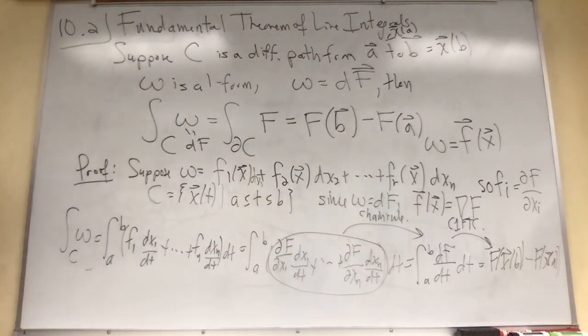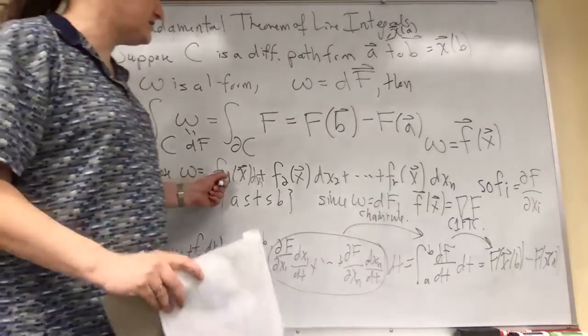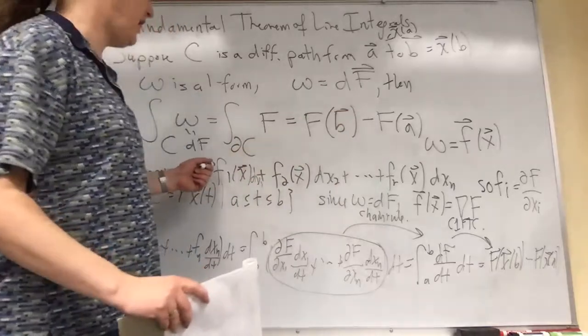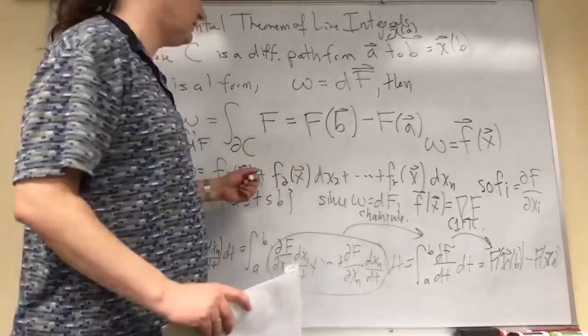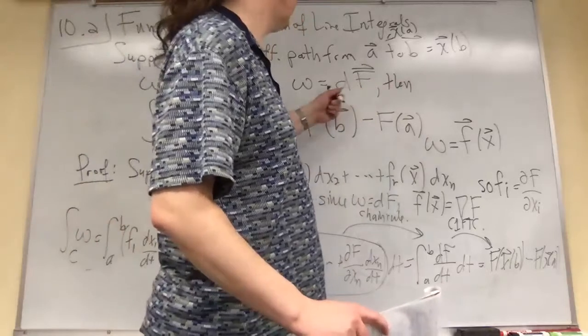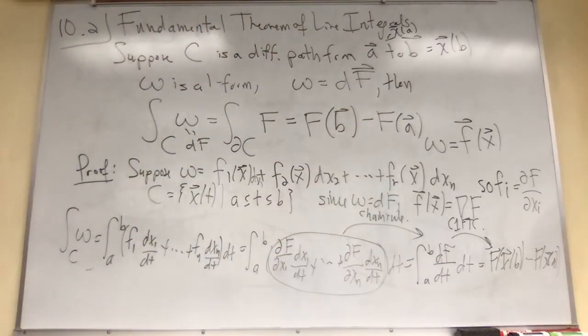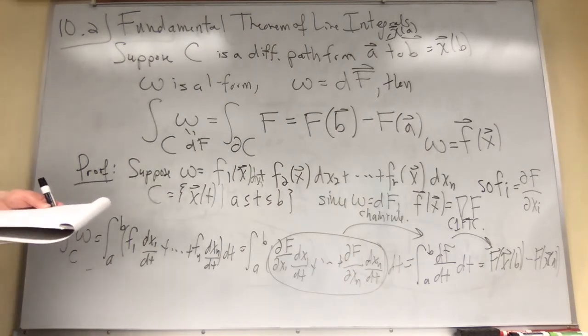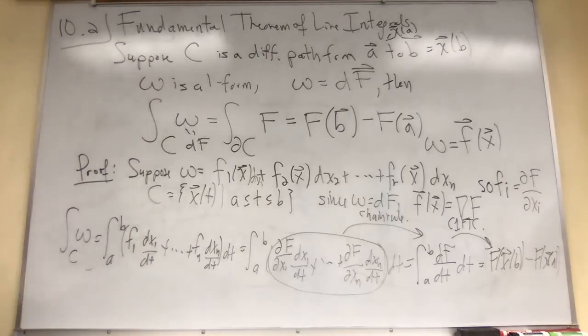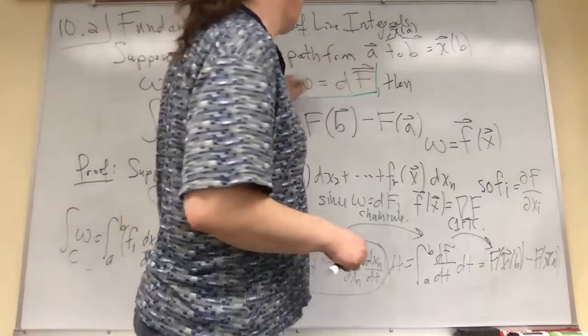And then knowing what it meant that omega was the derivative of some other function, that was given to us. So we have this result. This result, it's worth emphasizing, needs this hypothesis.